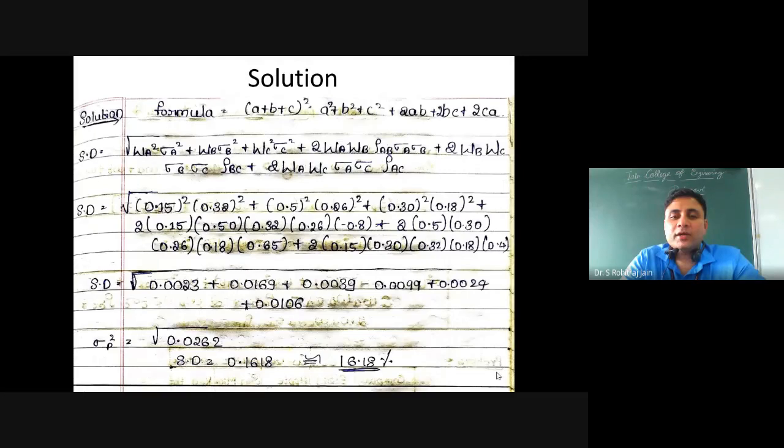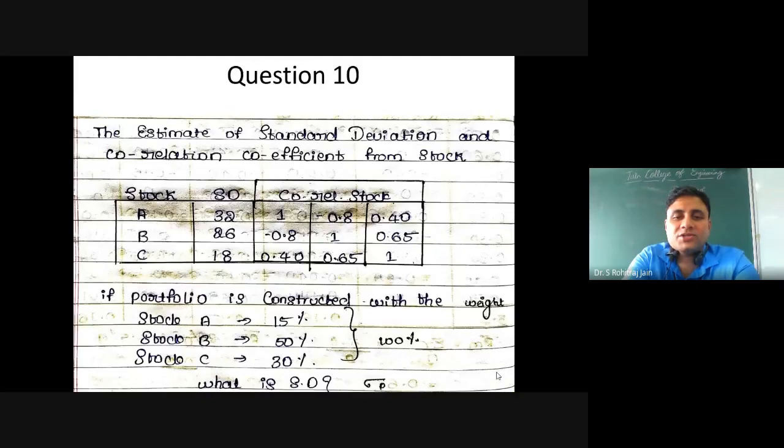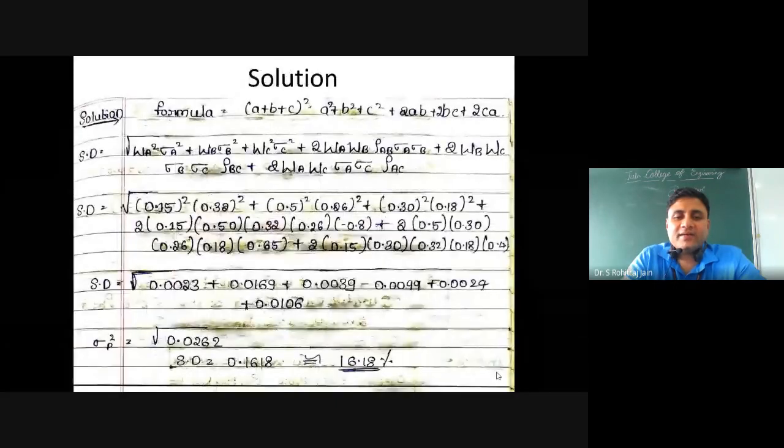Plus 2 into the weight of A, that is 0.15 multiplied by 0.3 multiplied by the standard deviation of A, 0.32, multiplied by 0.18 multiplied by the correlation coefficient of A and C. A and C, how much? It is 0.4. Correct?